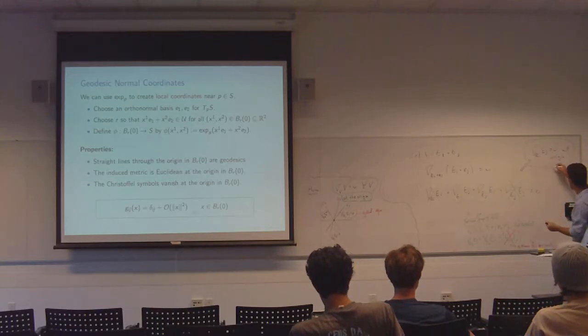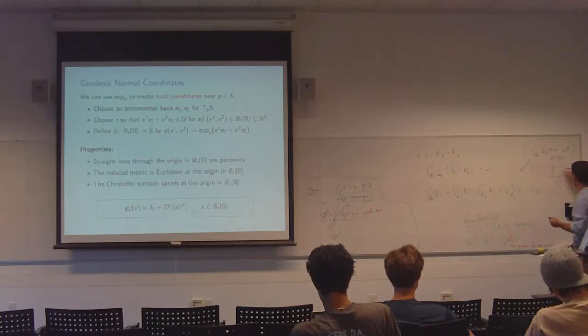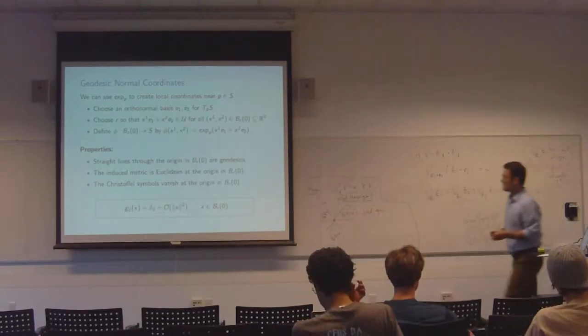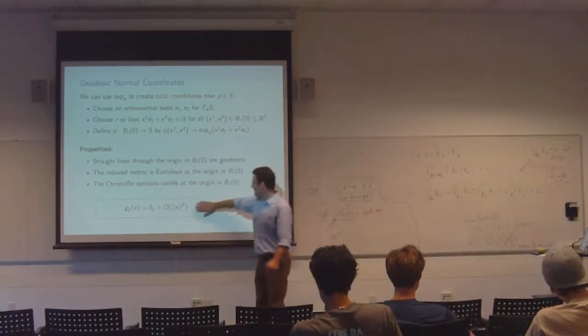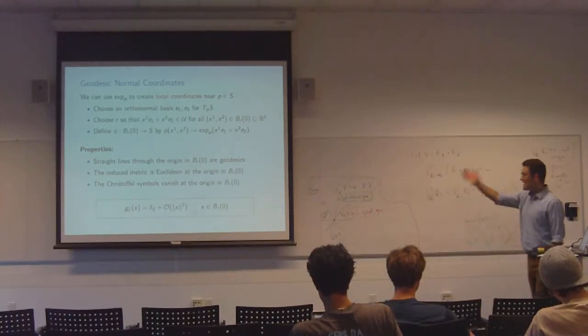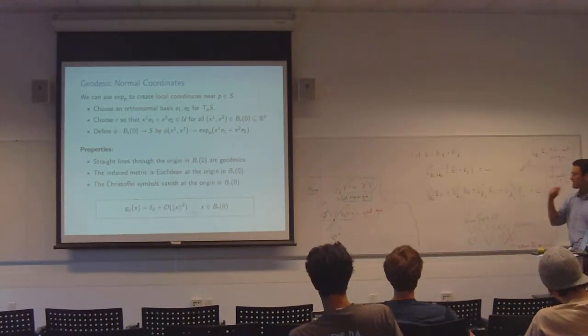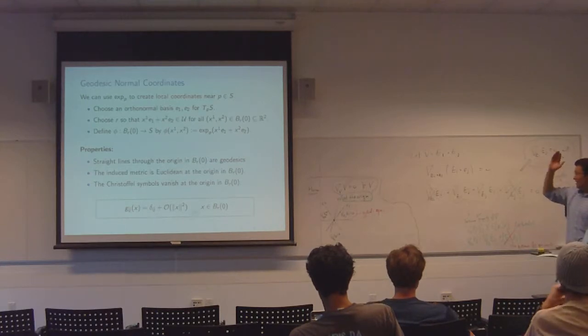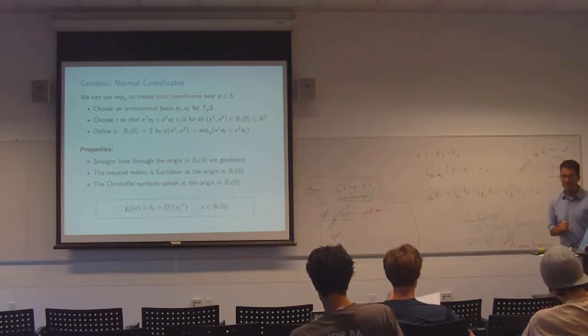So this implies all coefficients, in other words gamma_ij^k equals 0. Okay, so we've now established this formula, which is the Taylor series expansion of the metric to second order in geodesic normal coordinates.